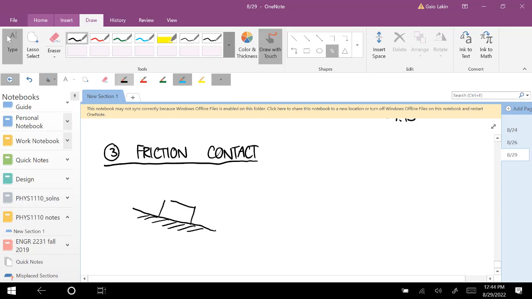And there's a box on the incline and then another box on top of that one. Let's say the lower one has a mass of 2 kilograms and the upper one has a mass of 1 kilogram.